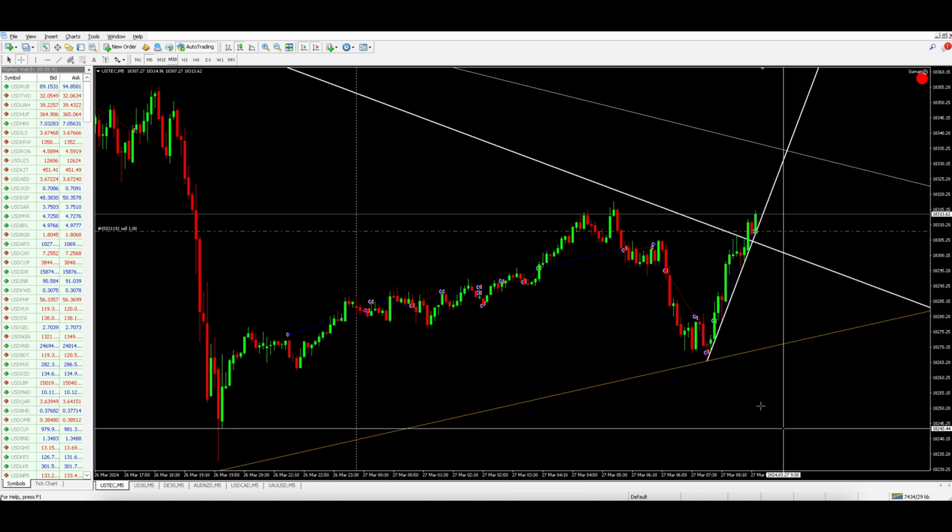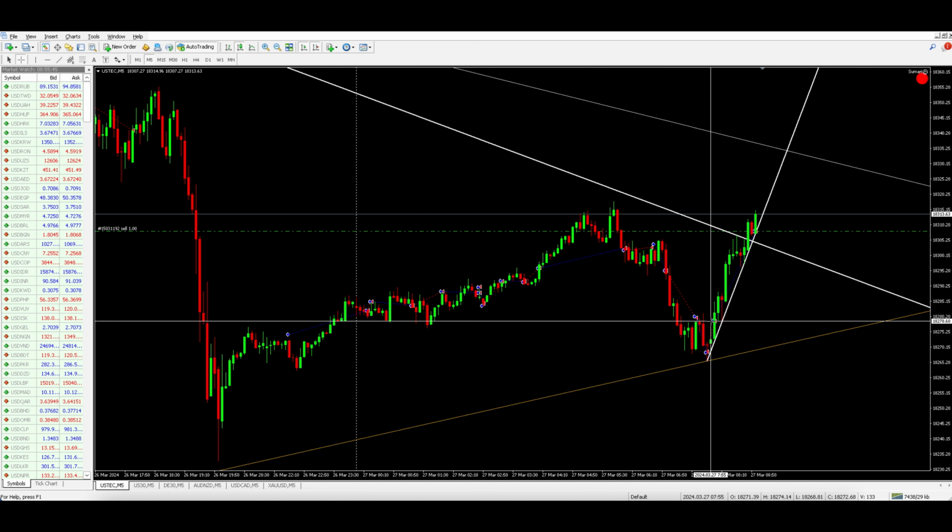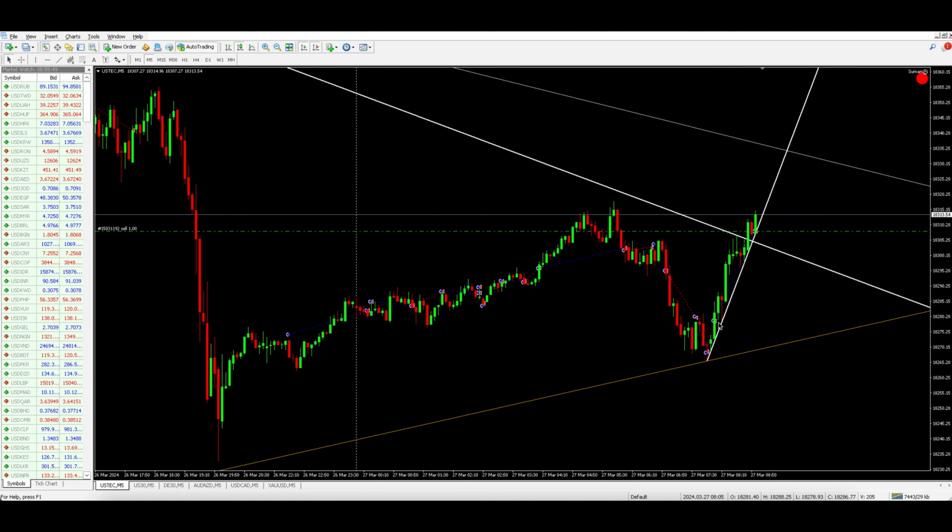Then this level over here from beneath, it was a resistant level, and then it broke it. As soon as it became support, we started buying. Boom! This was a good, beautiful trade, my man. US Tech, Nasdaq, a beautiful trade that we got from this level all the way to this high over here.